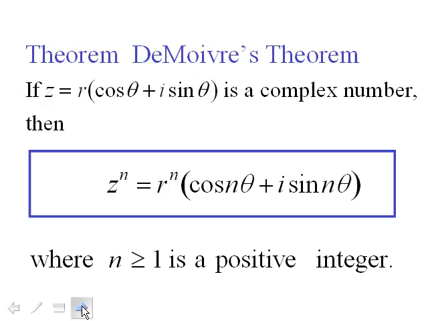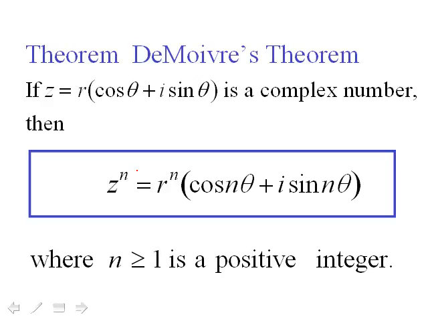De Moivre's theorem is a way of using this polar representation of complex numbers to quickly calculate powers. What it says is, if you've got a complex number written in polar form, so r times cosine theta plus i sine theta, then you can write the nth power of that complex number this way.